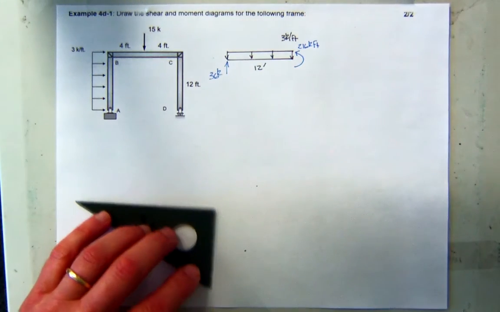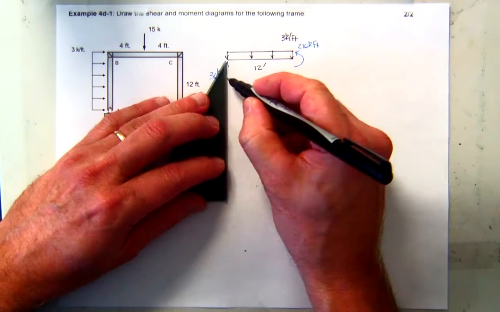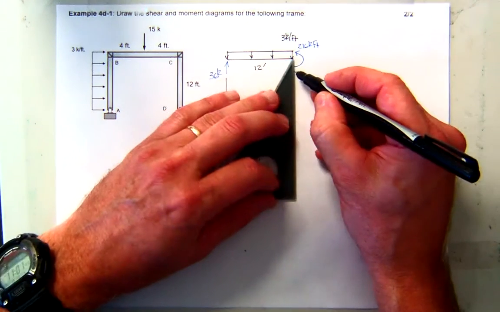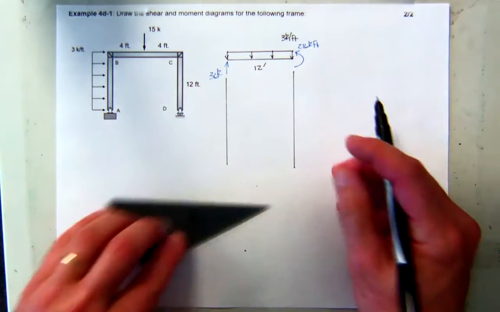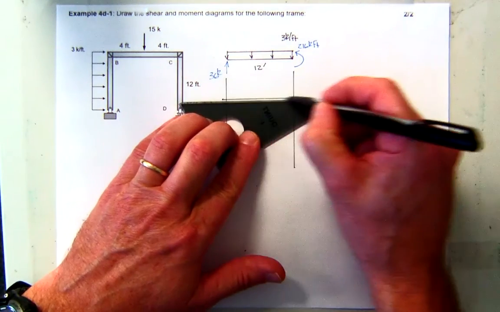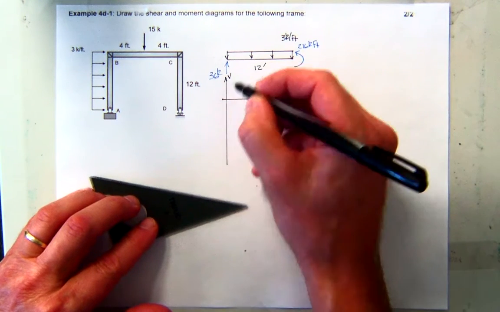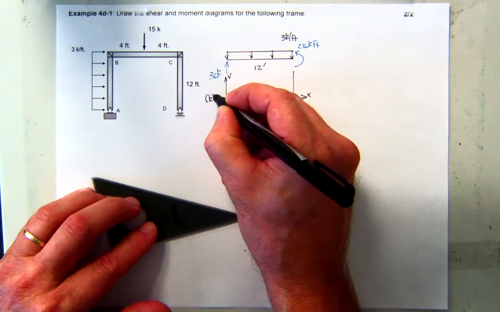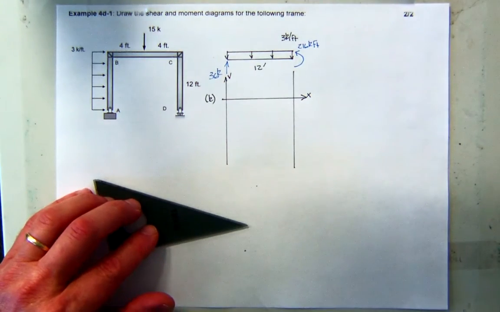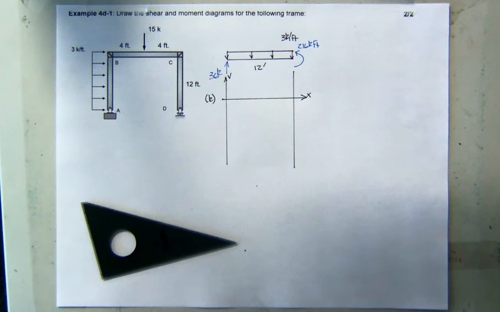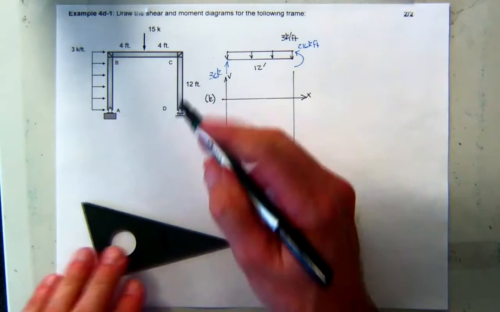So that's all the data I need to go. So I'll just go ahead and draw my template. I'll come here and define a positive x-axis, positive value for my shear. All my values will be in kips. What is the shear at A?